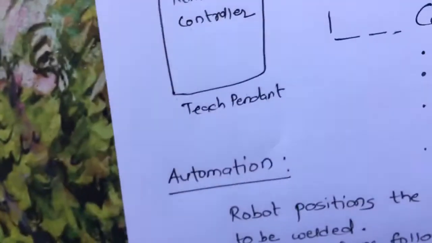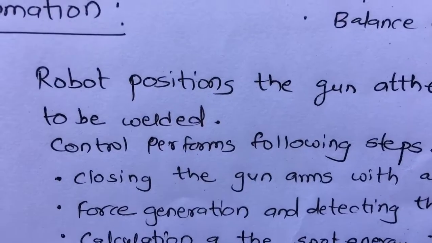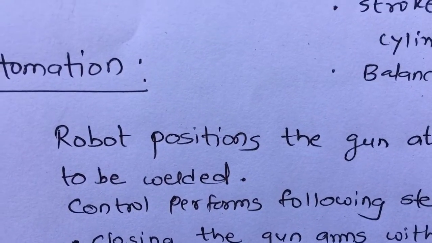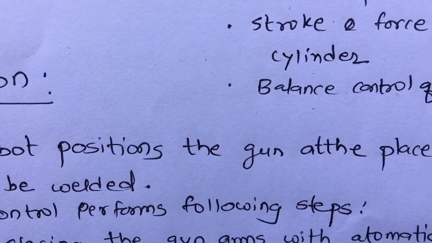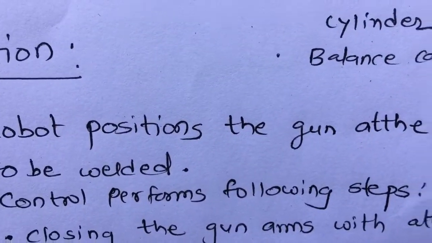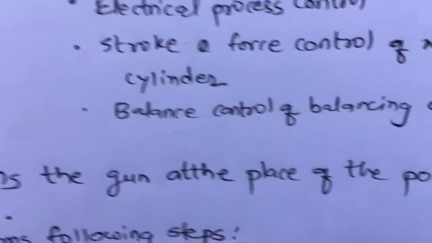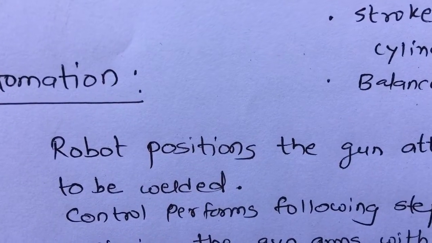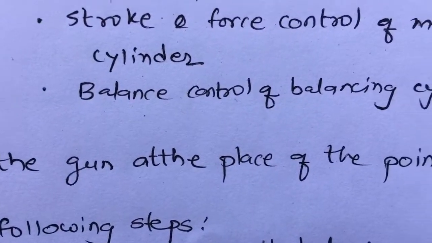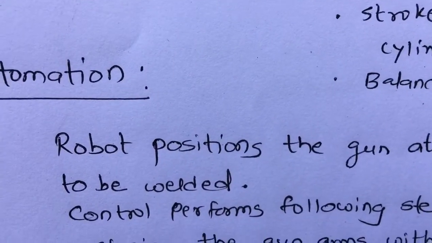Now there are some assumptions. The robot positions the gun at the place of the point to be welded.